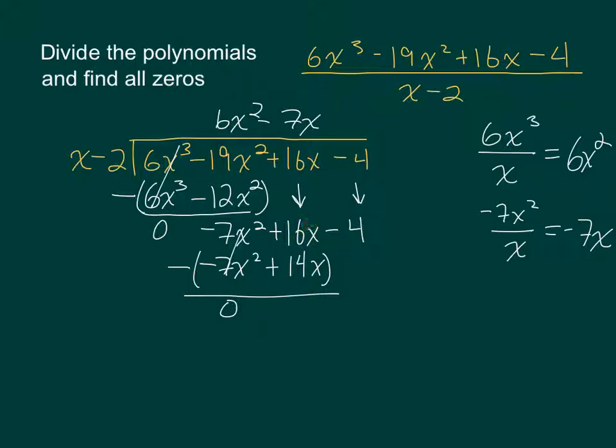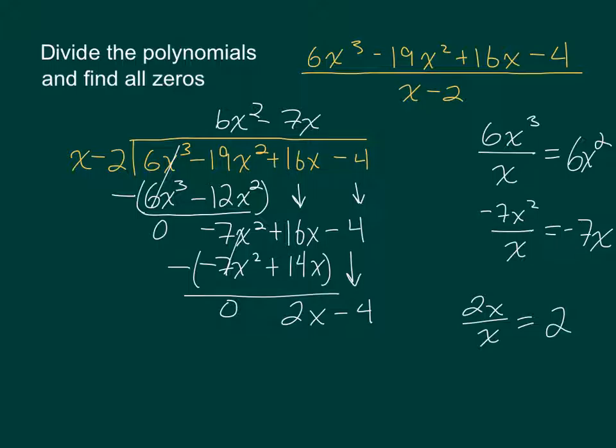16x minus 14x. So 16 take away 14 will leave you with 2x, and we bring down this minus 4. Now our new dividend is 2x minus 4 down here at the bottom. The first term of that is 2x. Divide it by x. When you do that, you get 2. That is a constant, or it has an x to the 0 power hanging around out back.